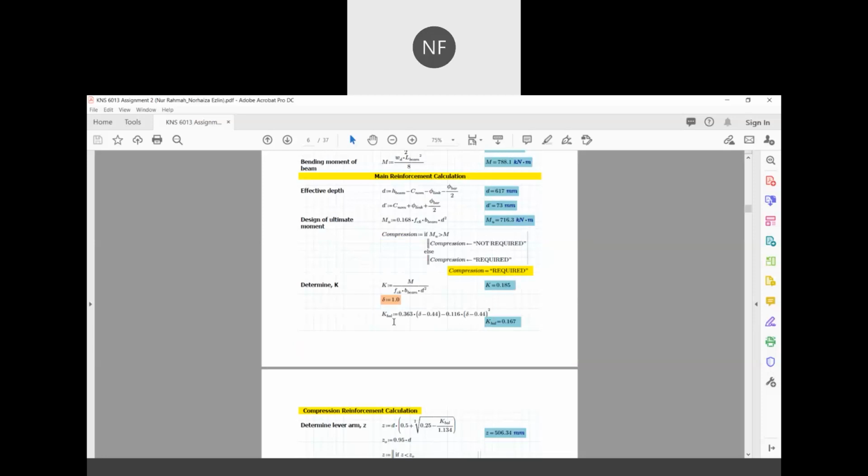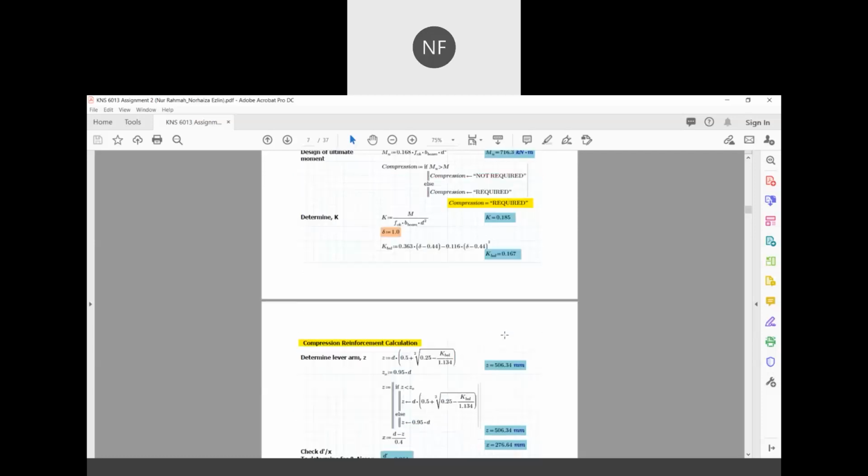So first we need to determine the K value, where K is equal to 0.185 through the formula. Based on the condition here, the K value is more than K balance. So we are going to substitute K balance equal to 0.167 into the formula of z to determine the lever arm.